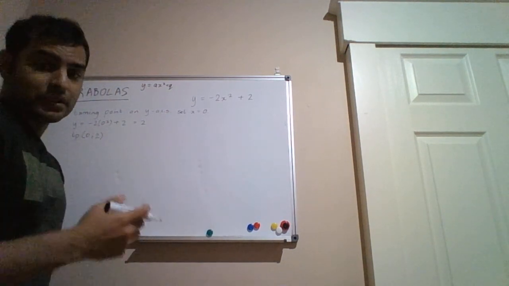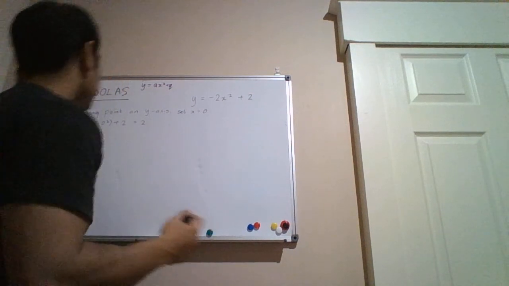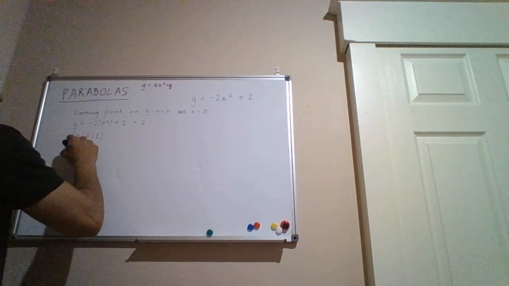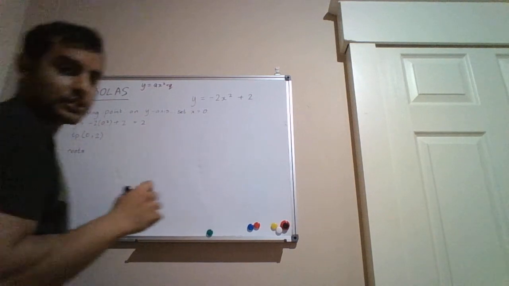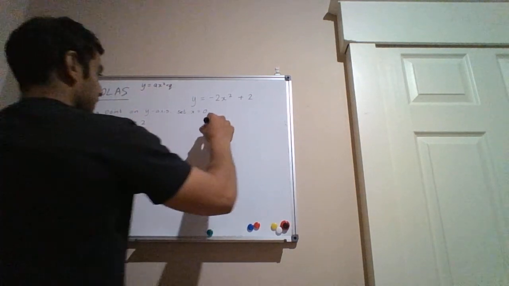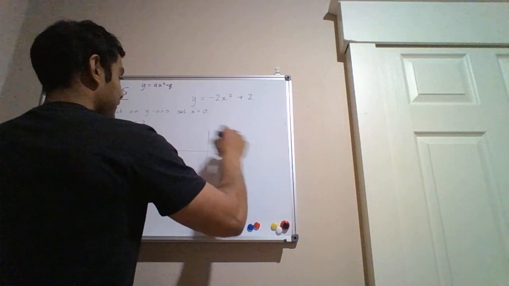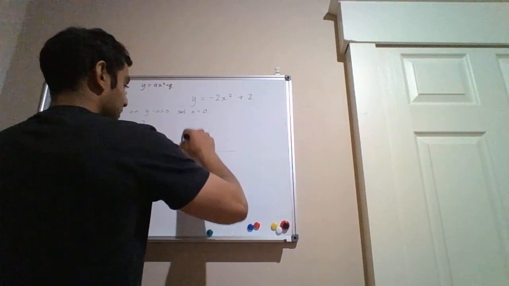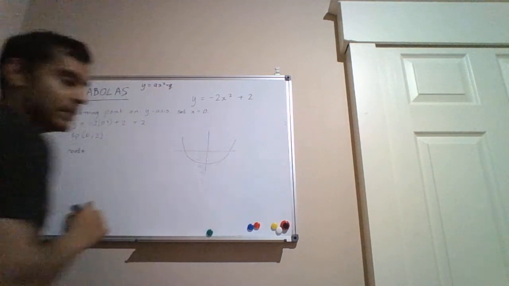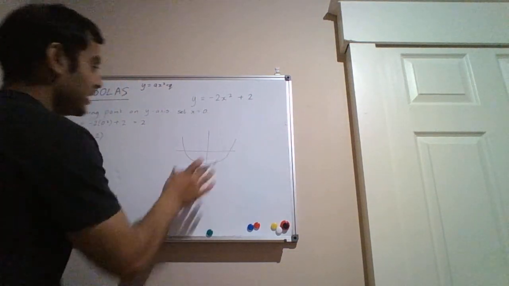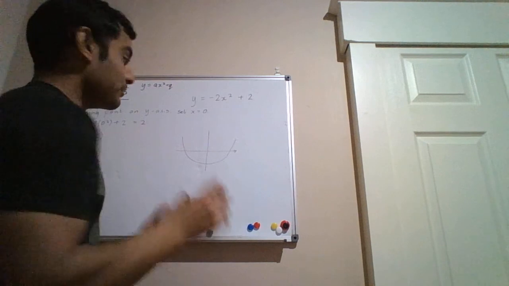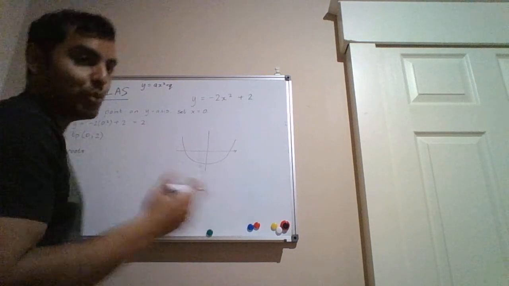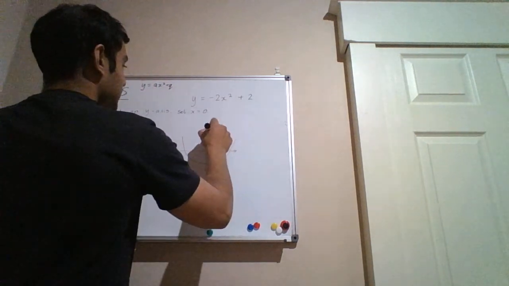Next, I want to talk about how to find the roots. So we did mention a little earlier in the video, if we have a parabola that looks like this, then our roots are where the graph intersects the x-axis. And whenever that happens, the value of y is 0.